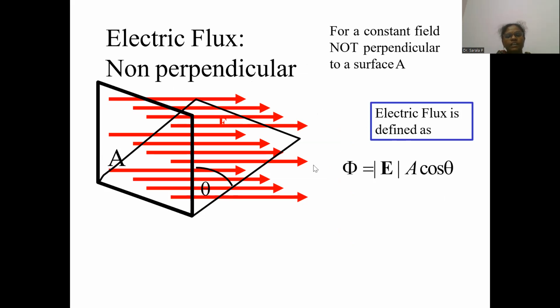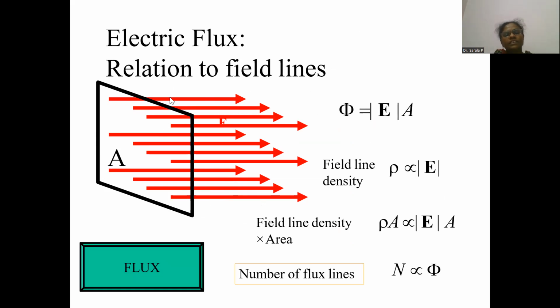The electric field is nothing but the number of flux lines per area. So flux is nothing but E into A, constant. The electric flux is related to field lines. So rho, the density, is proportional to E. The number of flux lines is proportional to the flux.